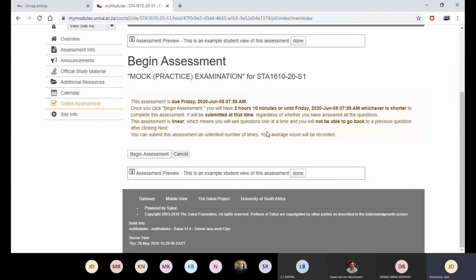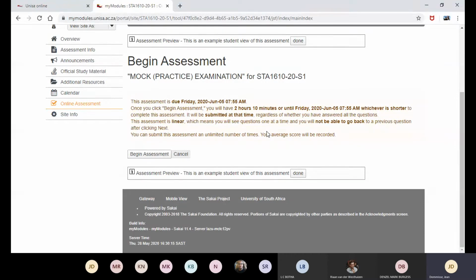And it is available until Friday the 5th. So I'm hoping that we can save it as we go along. Let's quickly see. Once you begin, you will have 2 hours or until Friday, whichever is shorter, to complete this assessment. It will be submitted at that time, regardless of whether you answered all the questions.